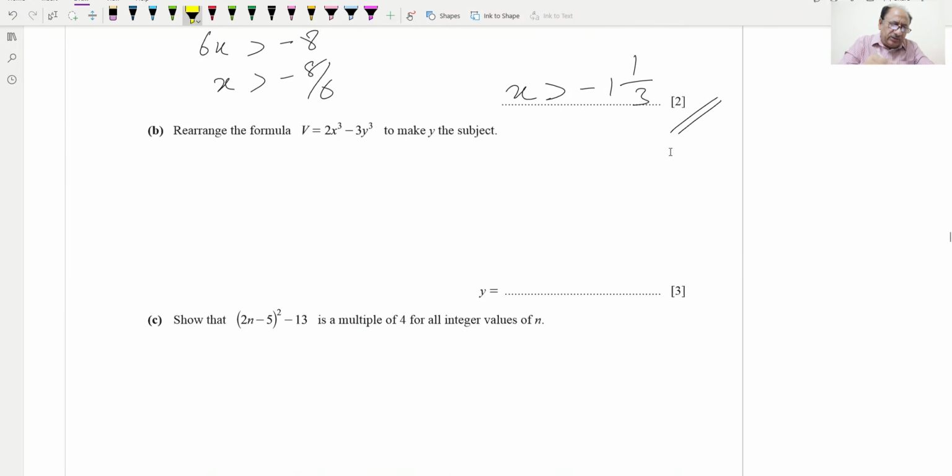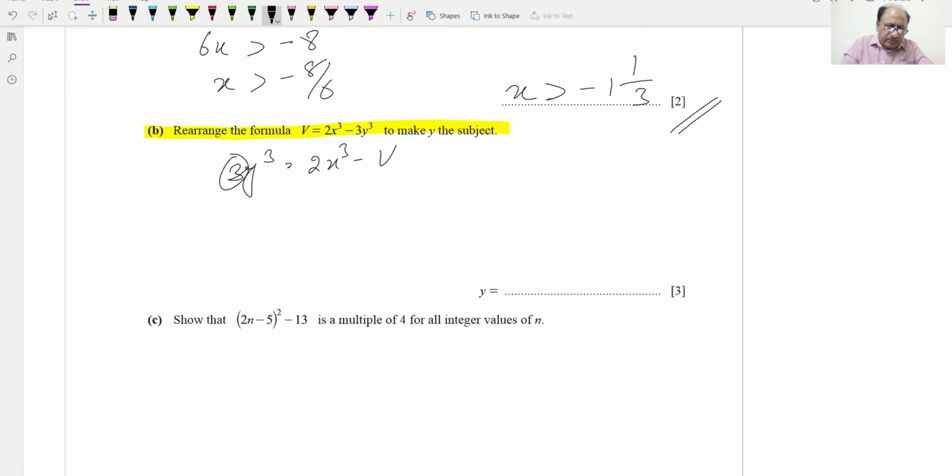Now we have to rearrange this and make y the subject. Y is over here, so we can send the 3 and the y cubed to the other side, so 3y cubed is equal to 2x cubed minus v.